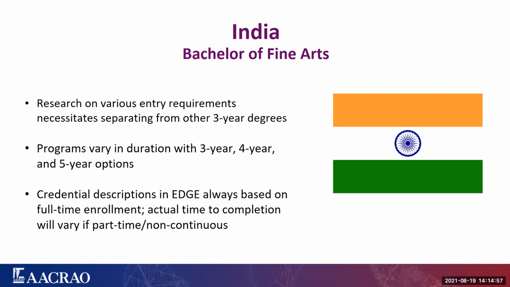The 4-year degree usually requires also a standard 12 certificate for entrance into the program. So you've got 2 Bachelor of Fine Arts, the same entrance requirement, but different lengths of the program.